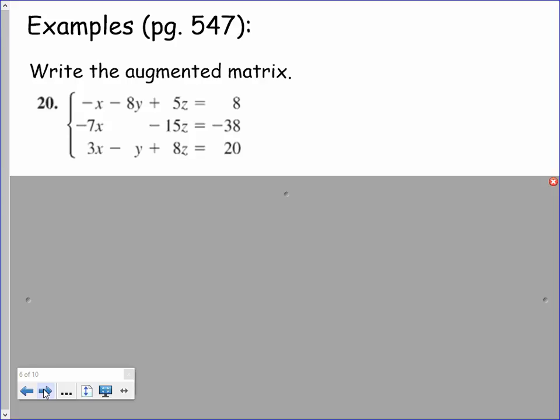Second equation, negative 7x minus 15z equals negative 38. And the last equation, 3x minus y plus 8z equals 20. Could you please write the augmented matrix for that system of equations? So think about what changes from a system of equations to its augmented matrix.